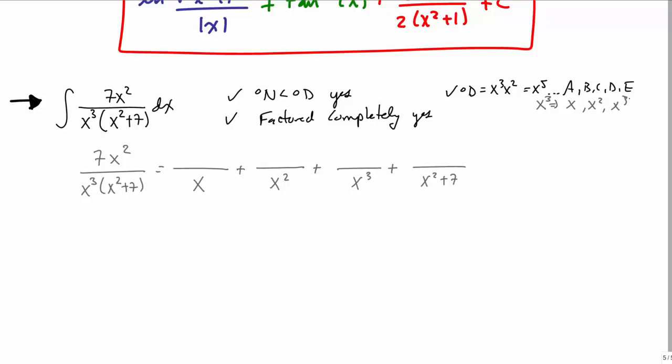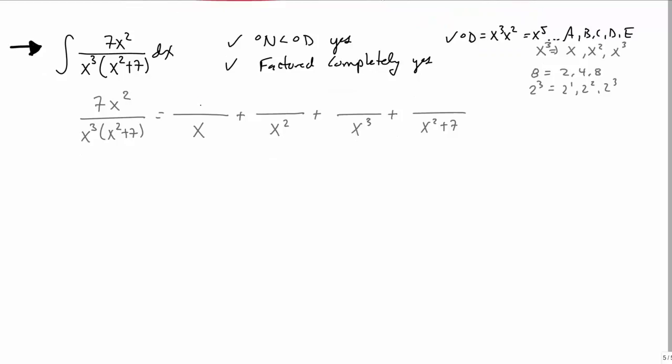Now some people have a little bit of trouble with this because they're saying, oh no, x squared is not a factor. Well, let's think about 8. The factors of 8 are 2, 4, and 8. Well, 8 is 2 cubed, so this is 2 to the 1st, 2 to the 2nd, and 2 cubed. So if you want to think about it as a constant in there, it might make it a little bit easier to work with. Now when I look at my coefficients, the base is linear, I don't care about the exponent here, I just care about the base, so my numerator is constant.